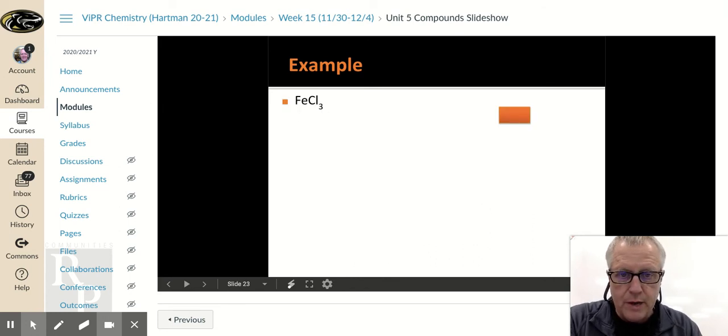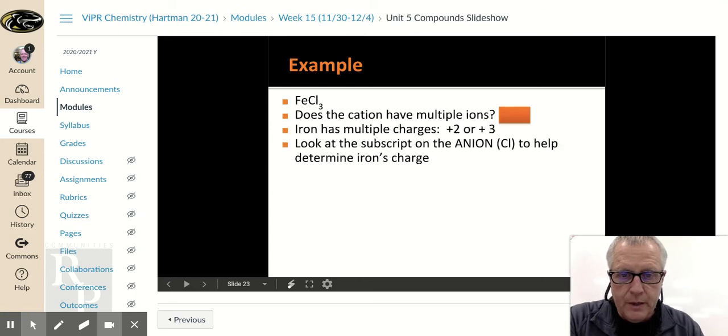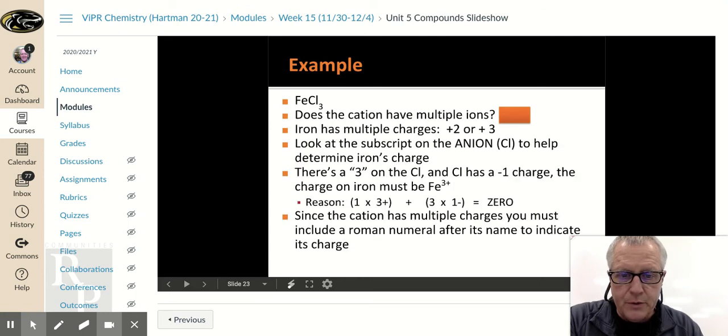Let's look at another example. Here is a different scenario in the sense that we have iron, which is a transition metal, and chlorine is a halogen, which is group 17 on the periodic table. It's always got a negative 1 charge. How would you know what the charge of iron would be? Start with the anion.